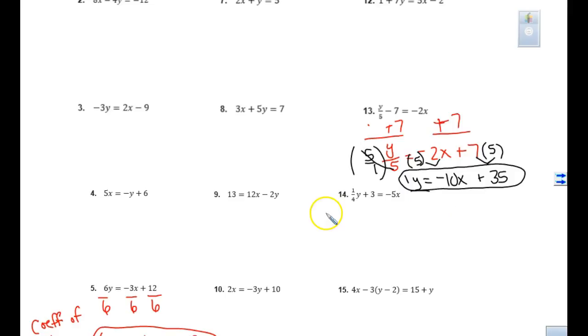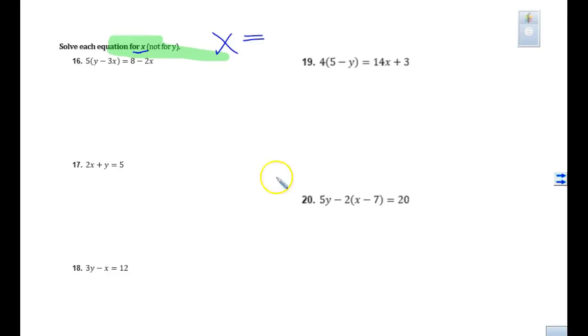So 14 is pretty much the same, right? So if you didn't get 14, look at what we just did in 13. Your first step is subtract 3, and then you're multiplying. But you guys should be able to do that one, okay? All right, any questions on the 16 to 20? Anyone want me to look at those where it's x equals, or did you just not get that far, Courtney? 19.